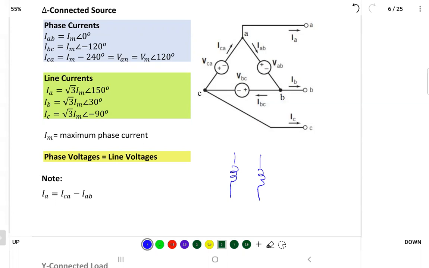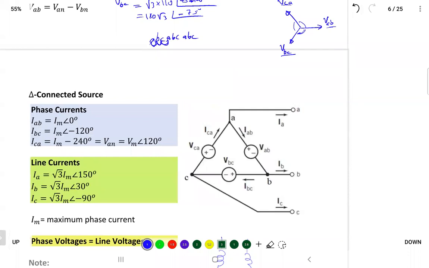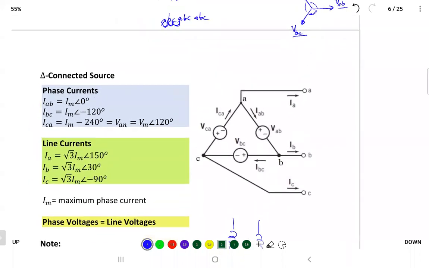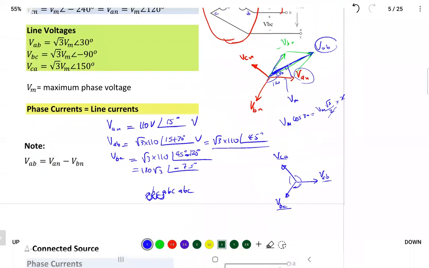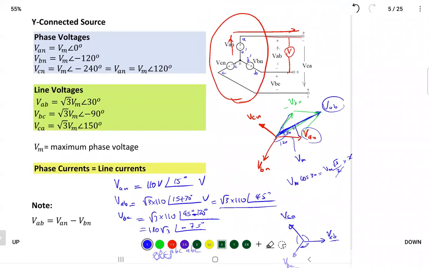How did we get VN in the star connection again? There is no VN by itself; it's VAN.